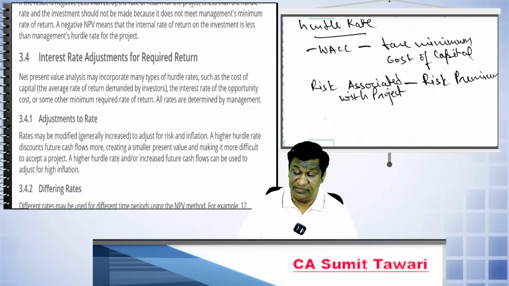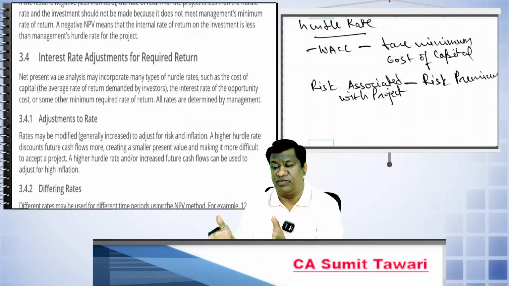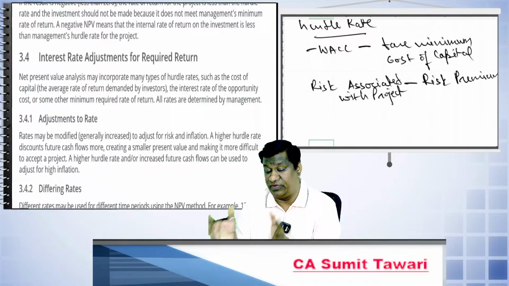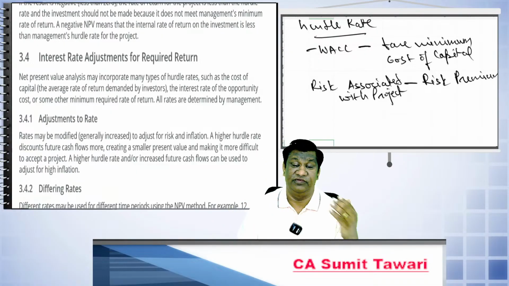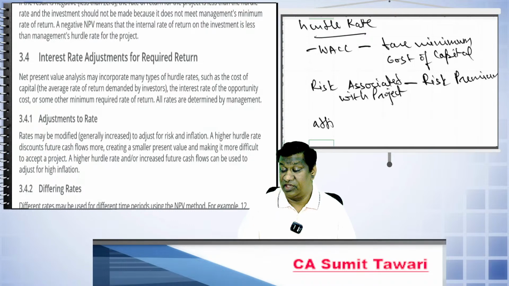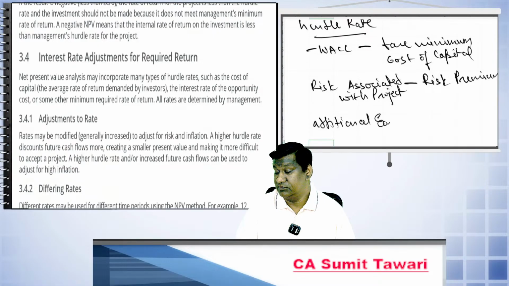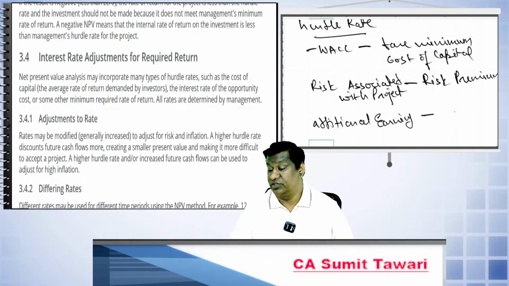Second issue, sometimes the aggressive investor mostly does this. They may feel that if I invest this amount somewhere else instead of in this project, I may get some additional earning, say the risk-free rate of return. So that also I need to factor here.